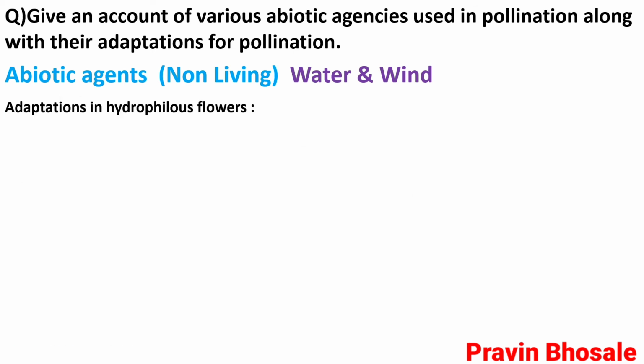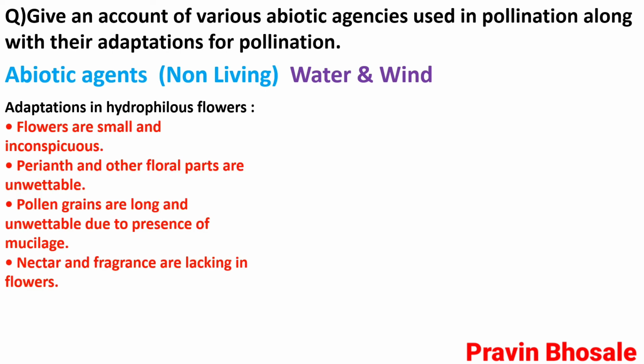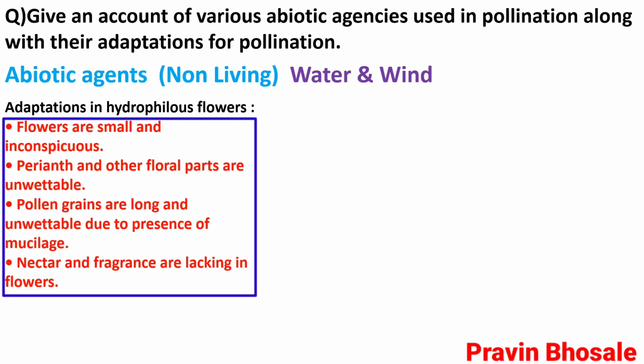Adaptation in hydrophilous flower. When pollination is done by water, these are the adaptations seen in hydrophilous flowers. Flowers are small and inconspicuous. Perianth and other floral parts are unwettable. Pollen grains are long and unwettable due to the presence of mucilage. Nectar and fragrance are lacking in flowers.